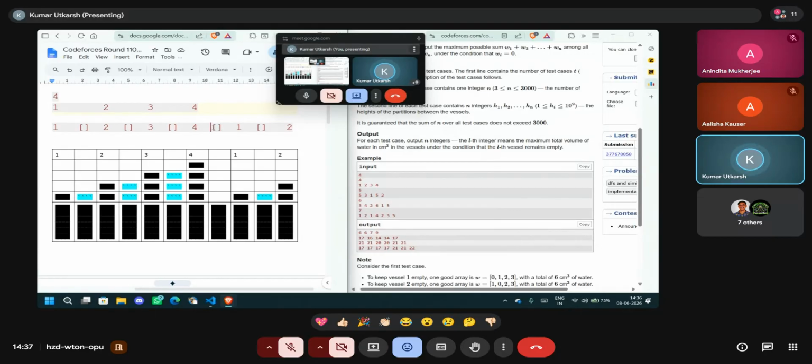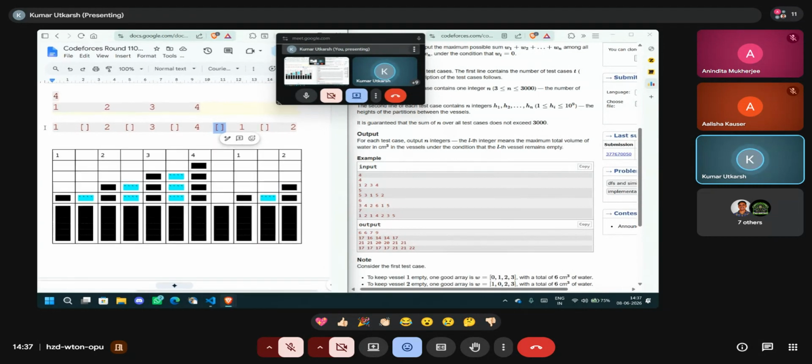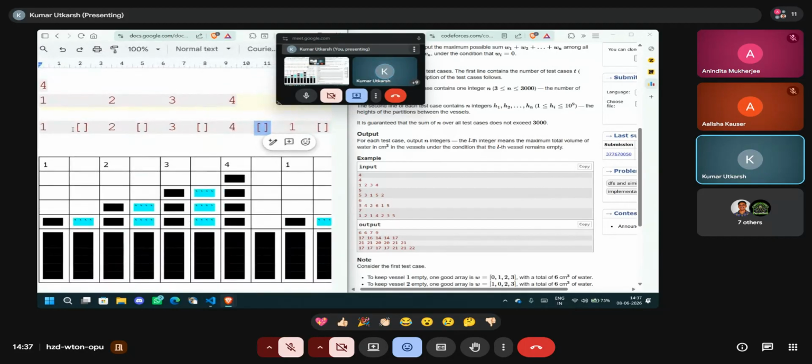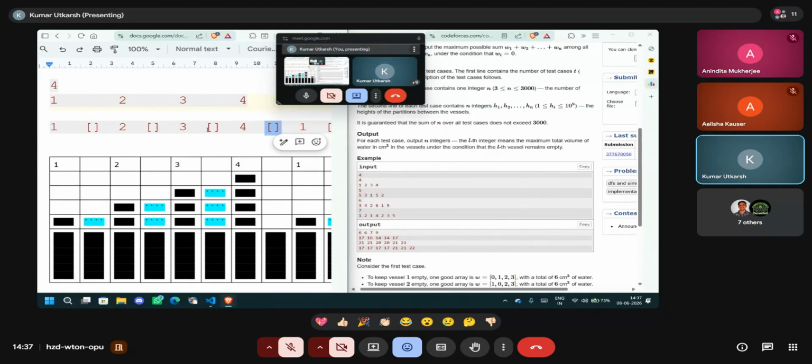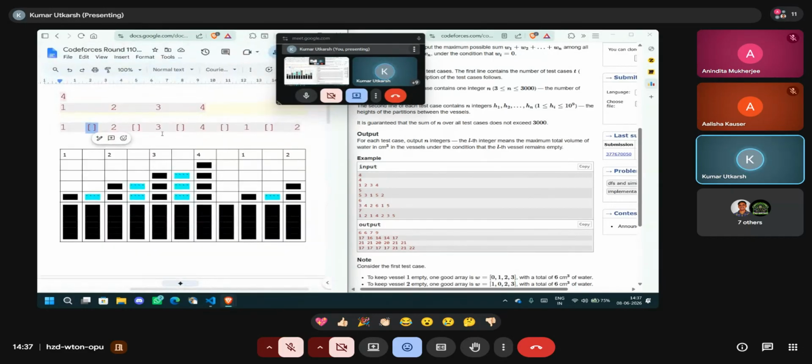Except the vessel we are talking about. So we want to only fill up these vessels, this vessel, then again this vessel, and maximize the water.